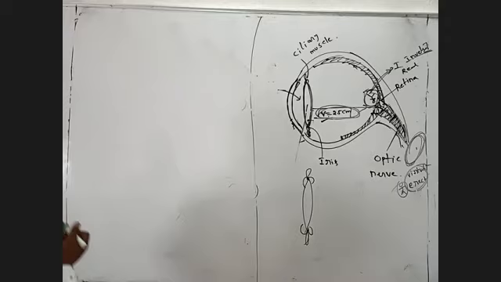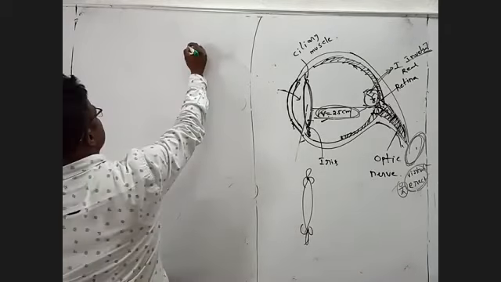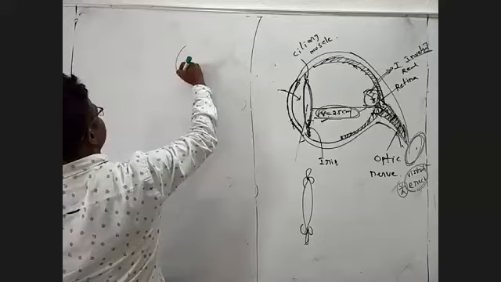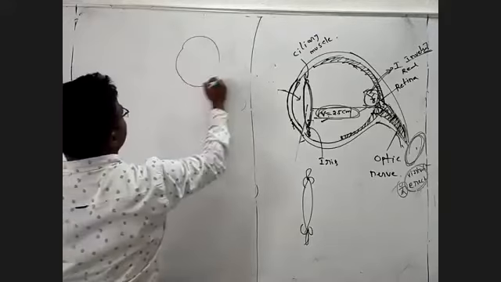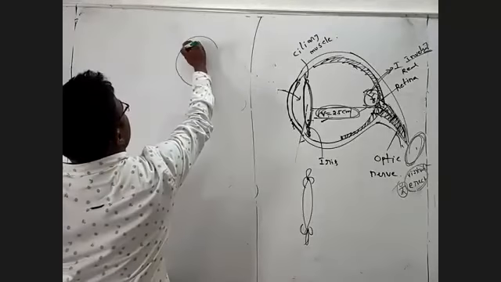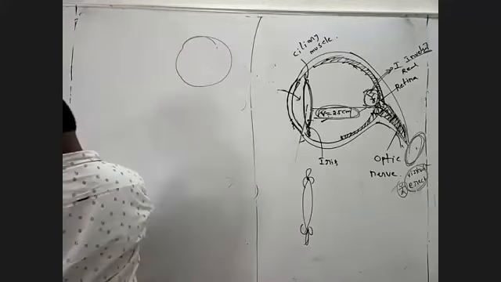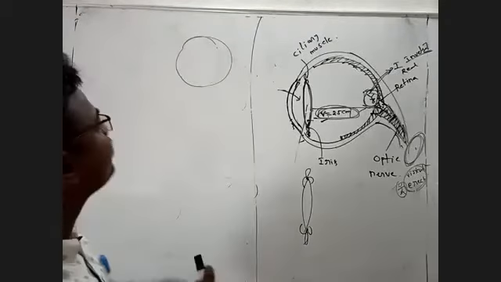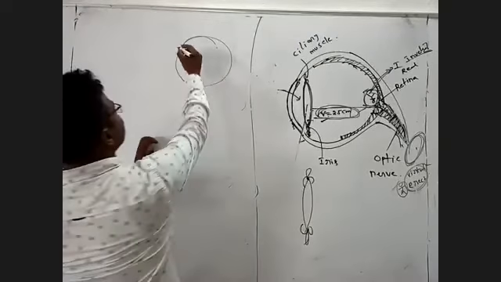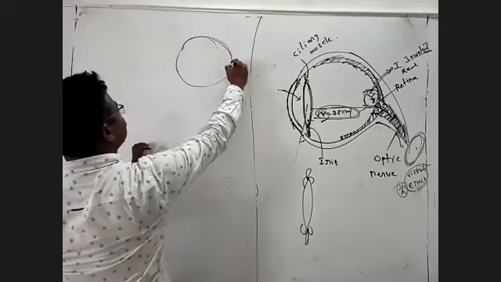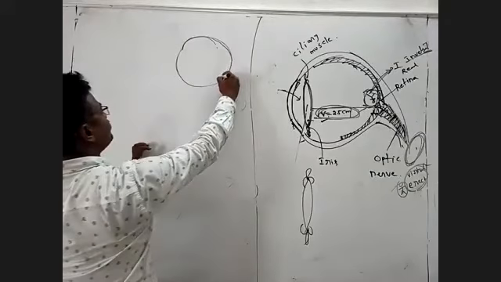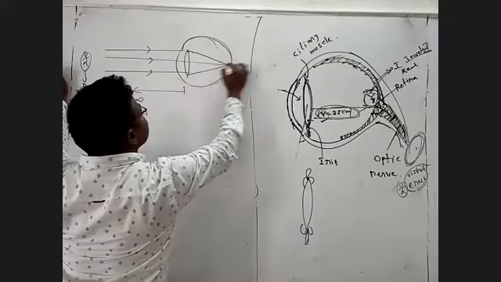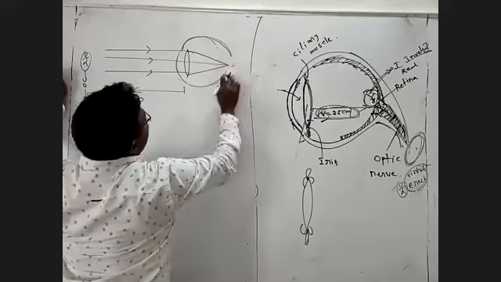So we have a limit. Parallel rays fall on the convergent lens.